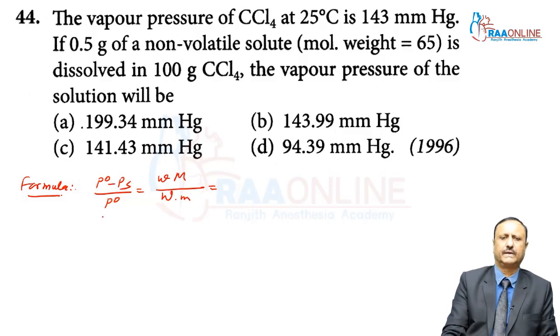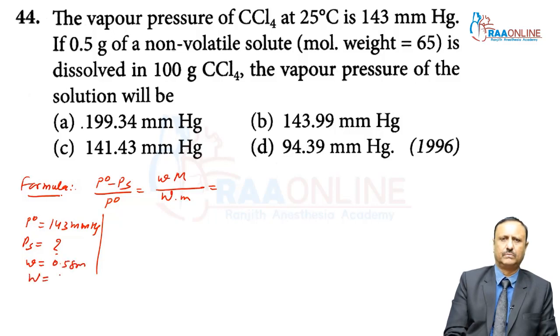Now, here we can see what is the P0. The vapor pressure of CCl4 is 143 millimeter mercury, so P0 is 143 millimeter mercury. What is the Ps? The vapor pressure of the solution must be calculated here. What is the small w? 0.5 gram.